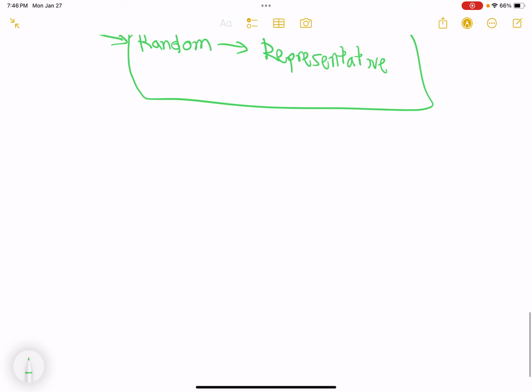Make sure to go through 6.1, 6.2, and 6.3 because they go into even more detail. Obviously know this, know when to do a t-test versus a z-test, right? Know when you're going to go with a t-interval versus a z-interval.